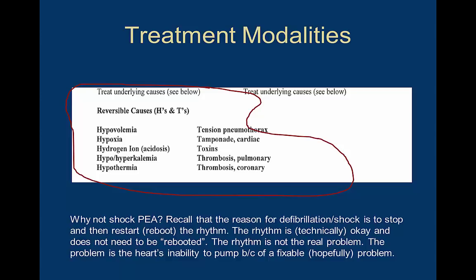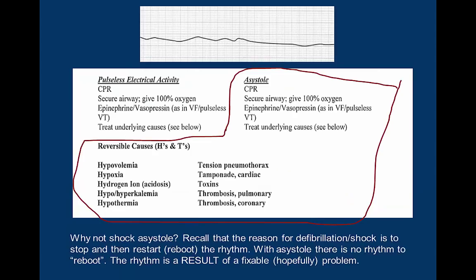The rhythm is not the problem. The problem is the heart is not pumping, and the heart is not pumping likely because of one of these H's and T's causes. Look at all the listing of them. It's not likely you'll be asked for the listing of them, but you need to identify that you've got to treat the causes or you'll be doing CPR and giving epinephrine for hours and hours. That is the treatment of PEA.